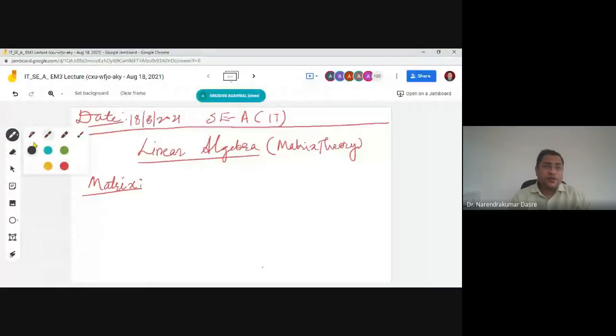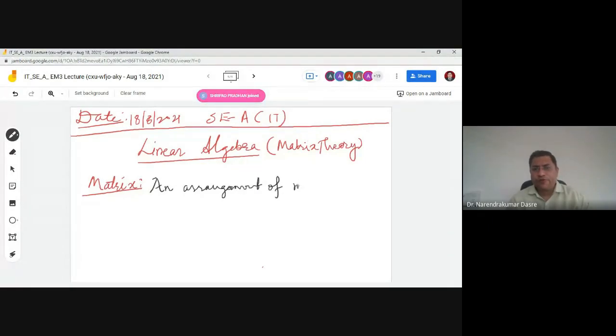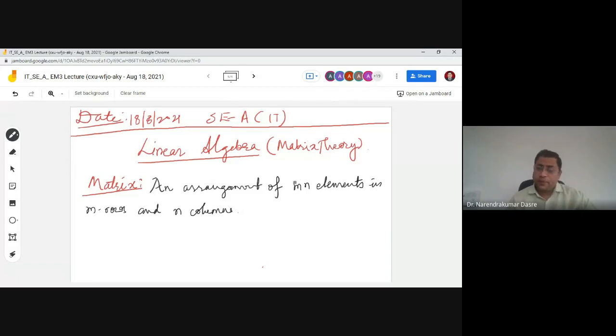That is the correct definition. So we have the arrangement of mn elements in M rows and N columns.